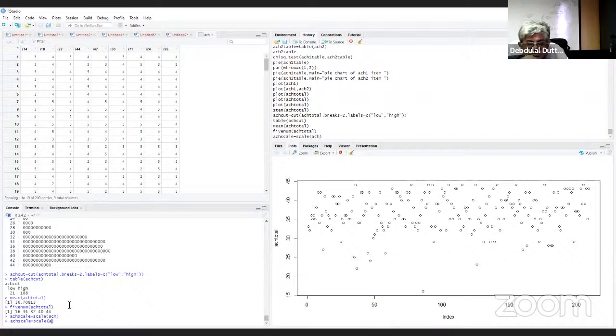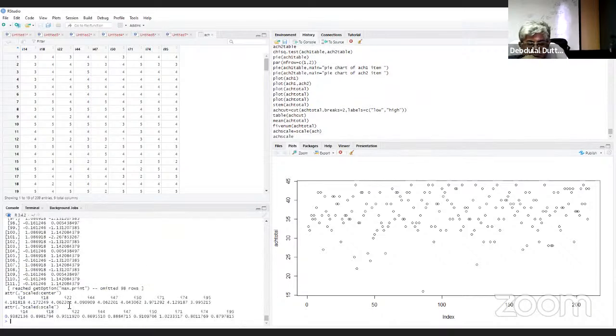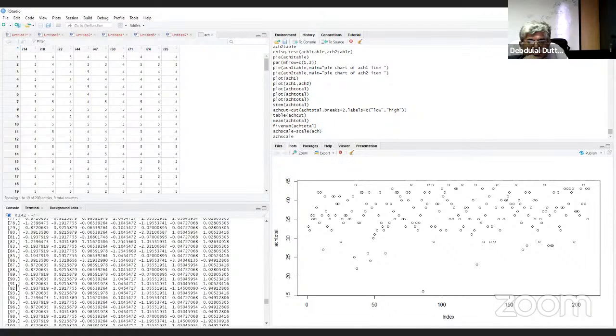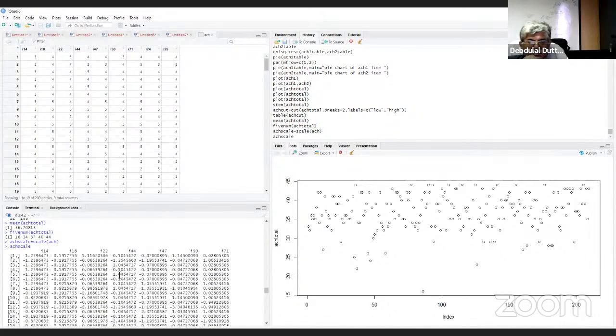Now, as you can see, we have received the standard scores. If I go up, this is the standard score of all the individuals, for the 9 items.